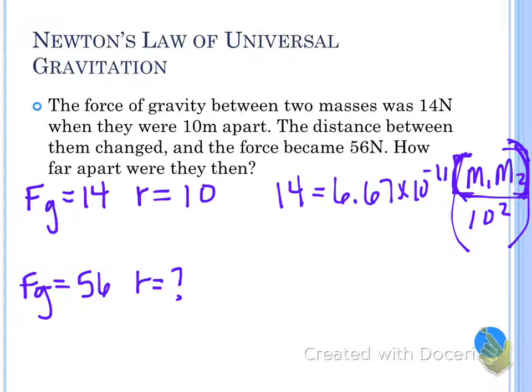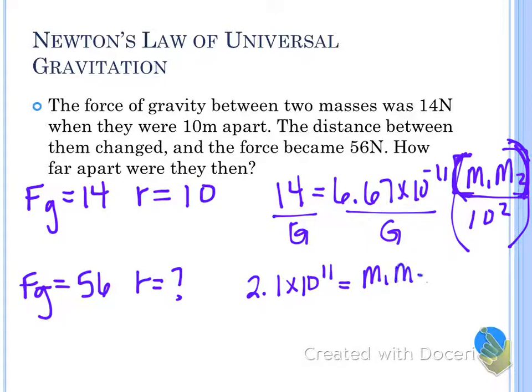So if I've done that, I'm going to divide by G, and that gives me 2.09, or really 2.1 times 10 to the 11th. That leaves me with m1 m2 over 10 squared, which is 100.